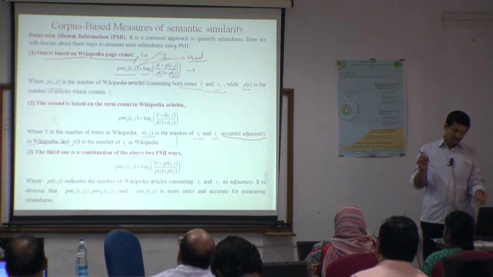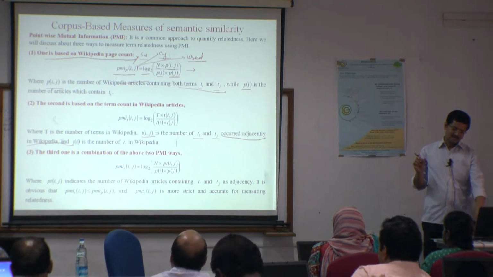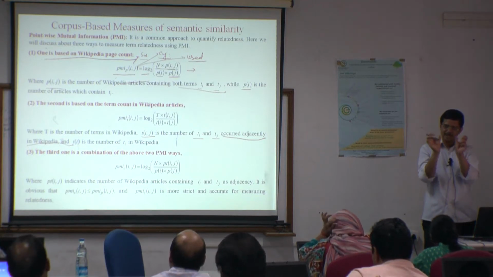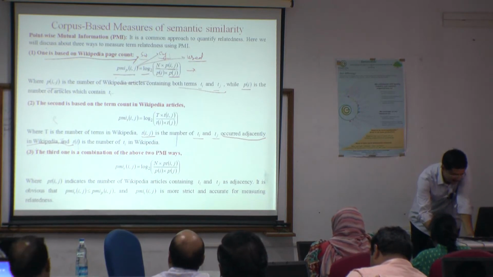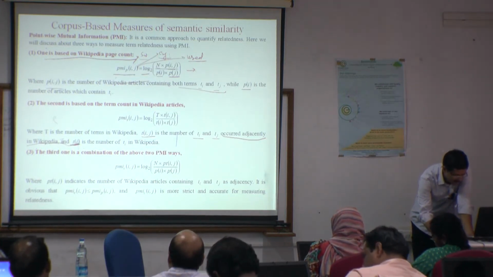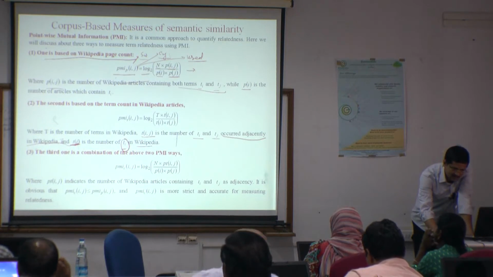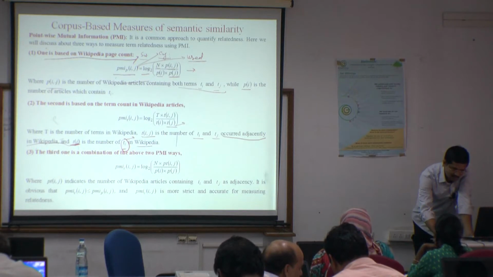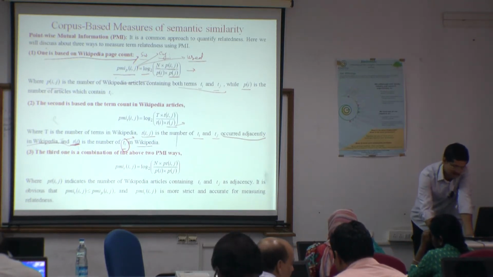In the second measure, the terminology represented as Tij represents how many times software and engineering are adjacent to each other, and Ti is the number of Wikipedia documents which contain the term Ti, any software in Wikipedia documents, and Tj represents the number of engineering in Wikipedia documents. So this is slightly different from the first one.